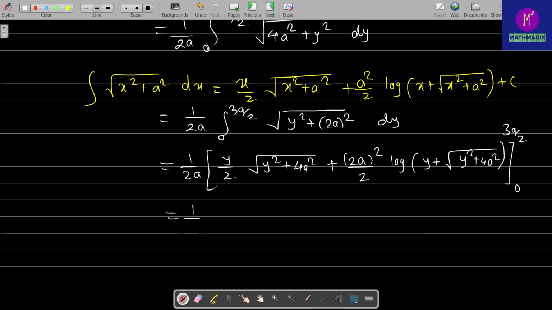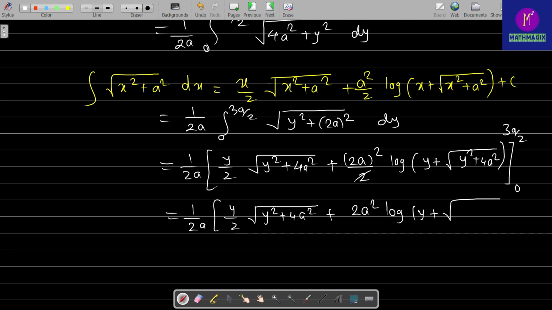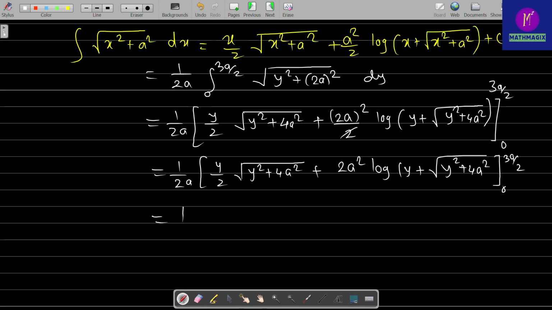Before that, let us write this equation properly by cancelling the terms. So y by 2 square root of y square plus 4a square, that we will have here. Here 2 and 2 get cancelled out, and I'll get 2a square log of y plus square root of y square plus 4a square, and limits are 0 to 3a by 2. This is equal to 1 upon 2a.